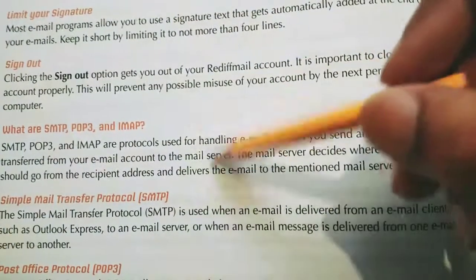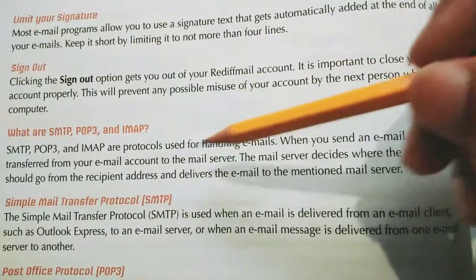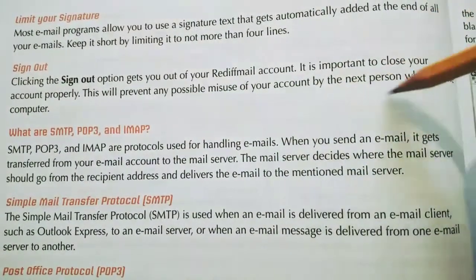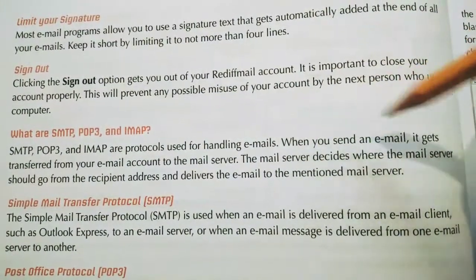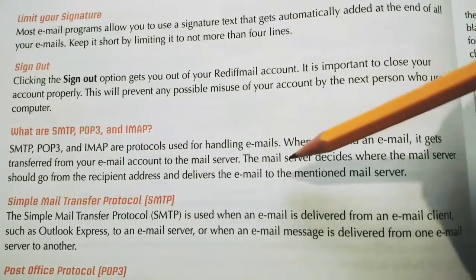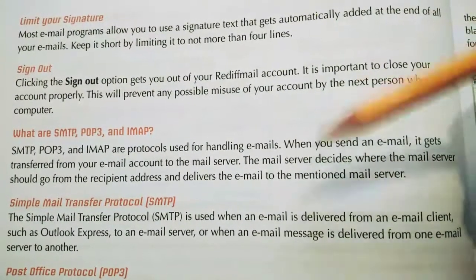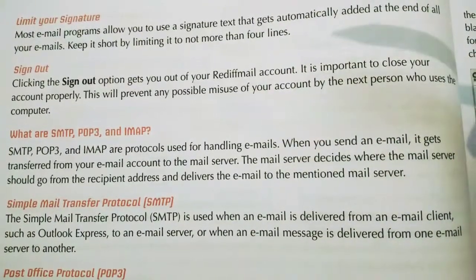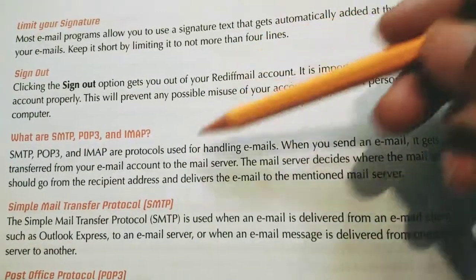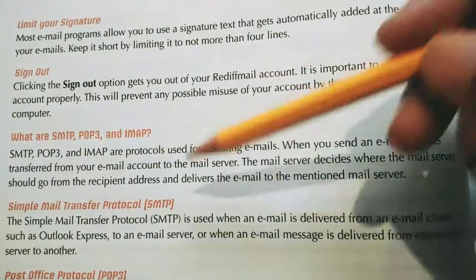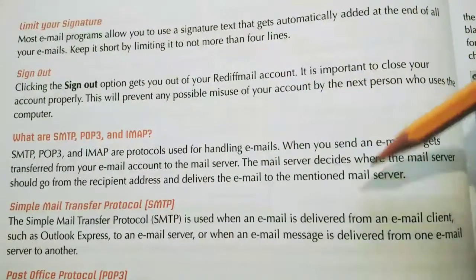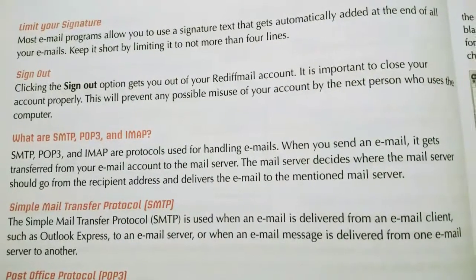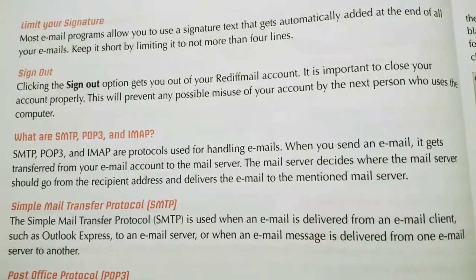That means the email you send goes to the mail server where all the mails are stored and processed. So the mail server will decide where to send this email, what address it is, and delivers the email to that mail server.